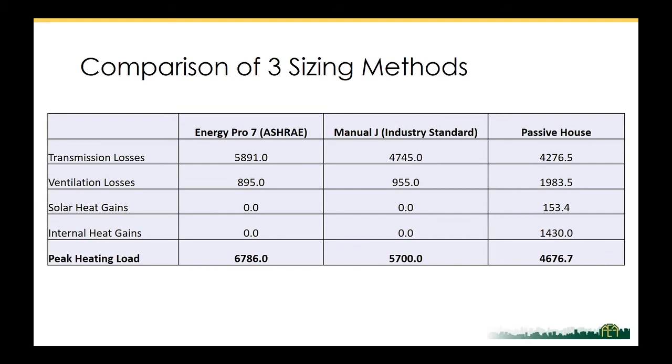And so the peak heating loads that we calculated are 6,786 for the Energy Pro 7 ASHRAE method, Manual J is 5,700, and Passive House is 4,676.7. And I'd like to point out how much lower these values are than the existing wall furnace.